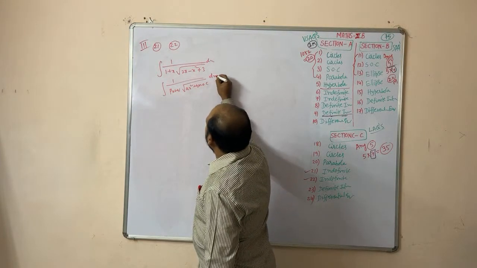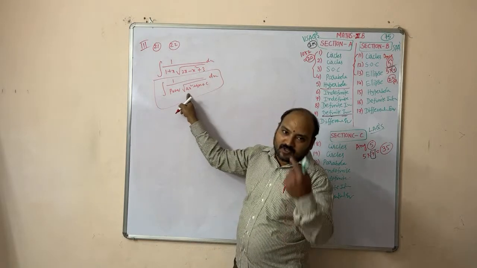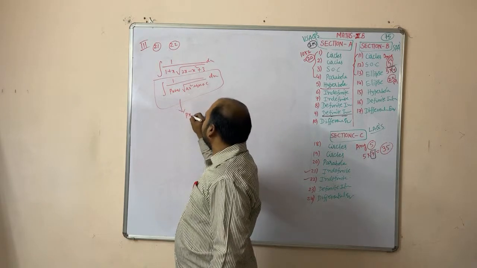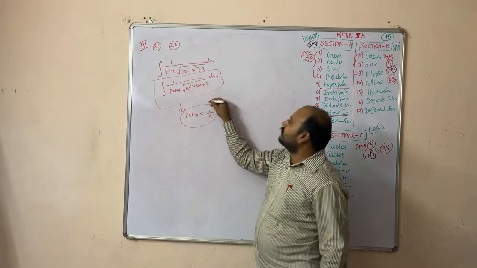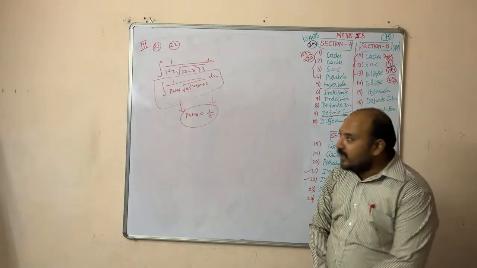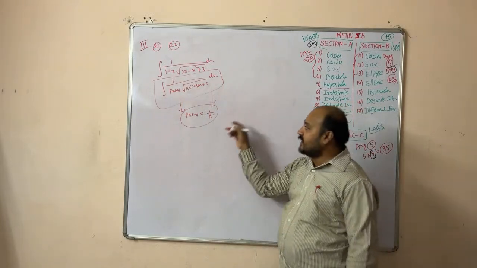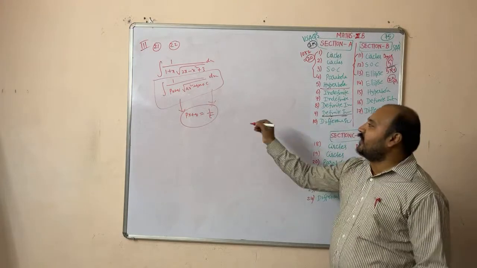To solve these type of problems, observe that two values are in the denominator, one is linear, one is quadratic. Linear is equal to 1 by t, you take it and proceed, dear students. For integral 1 by px plus q into root of ax square plus bx plus c into dx, px plus q is equal to 1 by t. This is the way you can do.